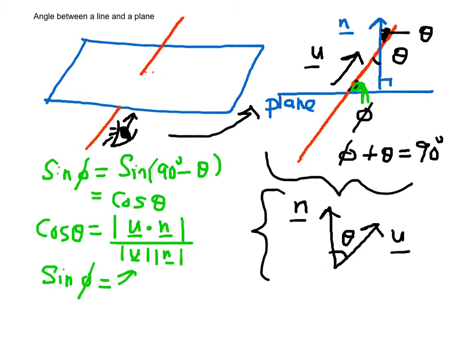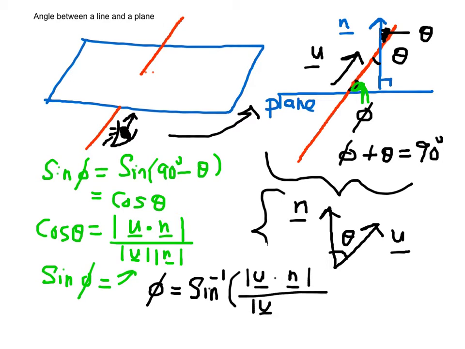So eventually we aim to calculate phi. So phi is the inverse of sine, or arc sine, of the absolute value of u dot n over magnitude of u and n.